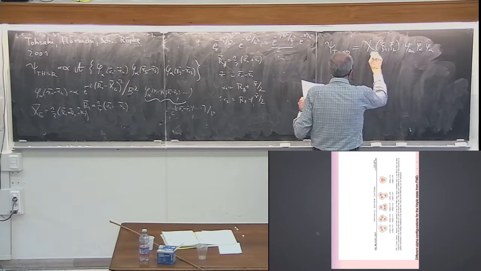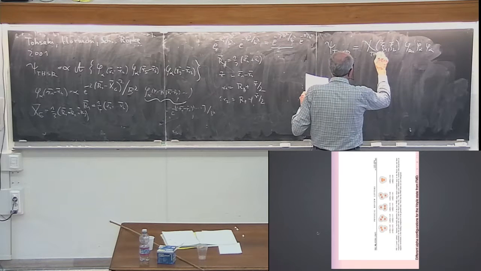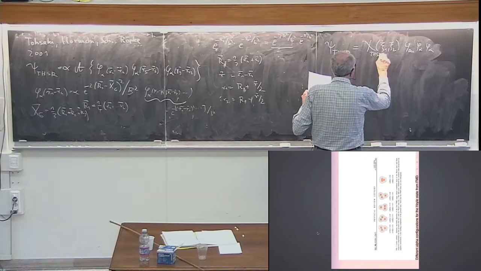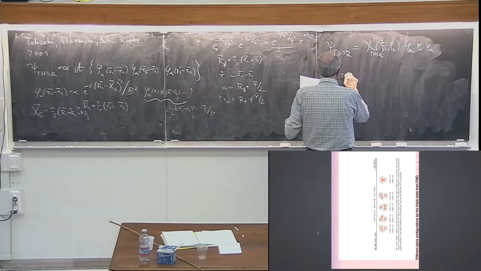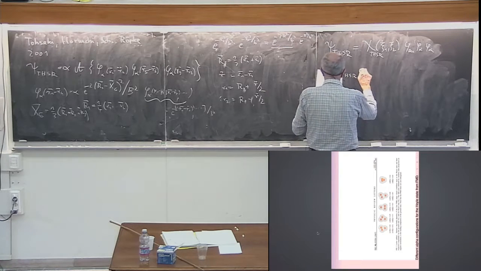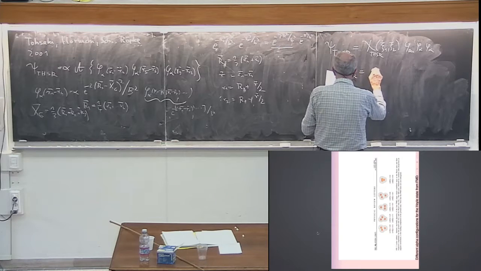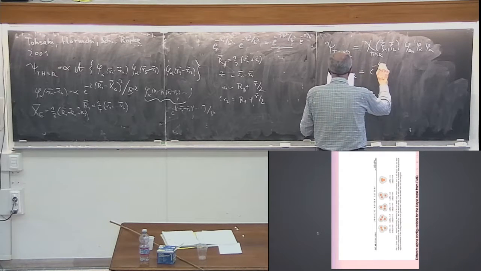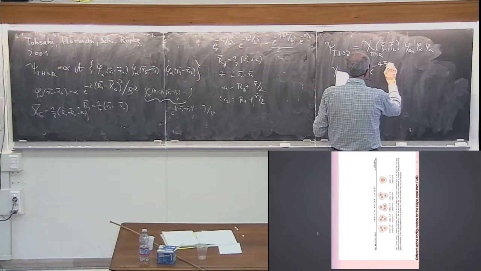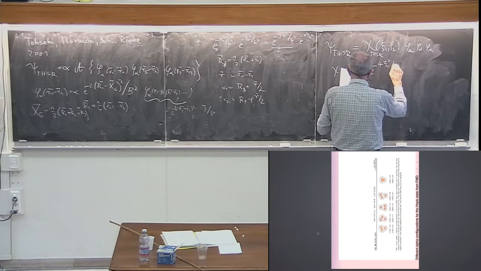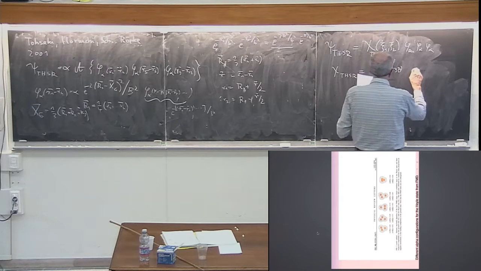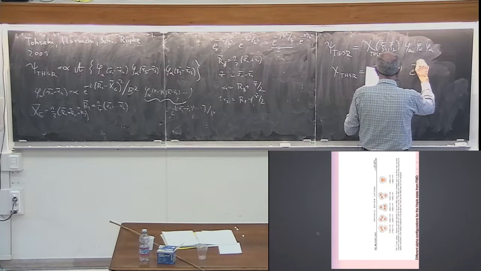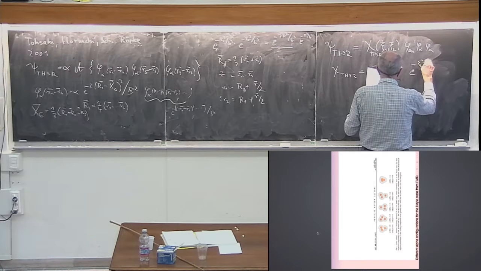And this is now not the Kamimura, so this is the THSR wave function, and chi THSR in Jacobi coordinates is just e to the minus 4 Xi1 squared over 3 B squared times e to the minus Xi2 squared over B squared.